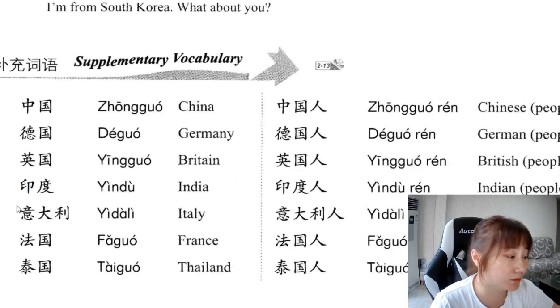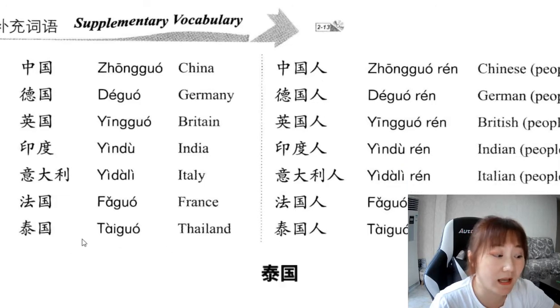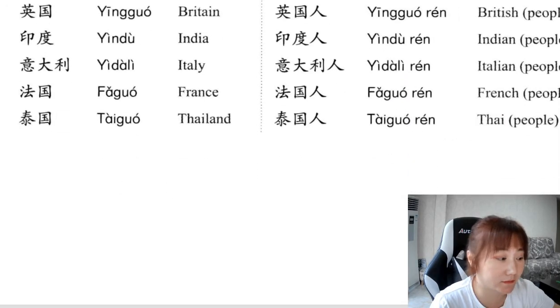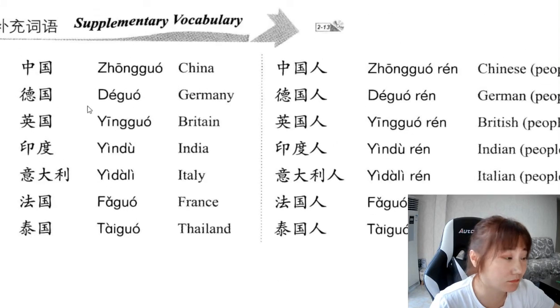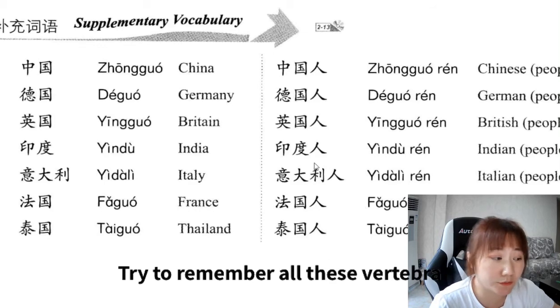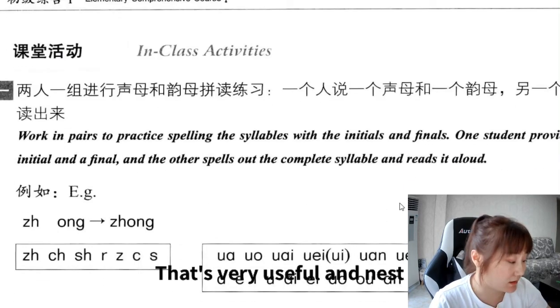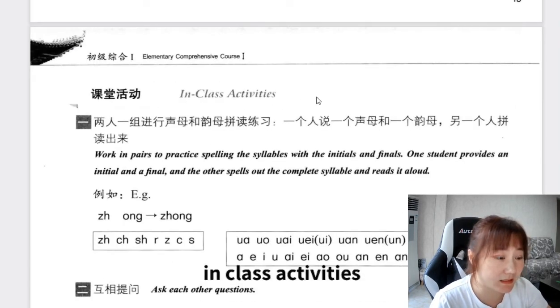Okay, slow down. 印度，印度人，意大利，意大利人，法国，法国人，泰国，泰国人。Okay, 中国，中国人。Try to remember all these vocabulary. That's very useful.